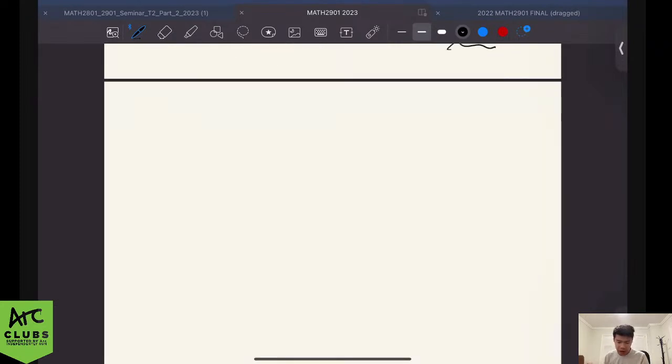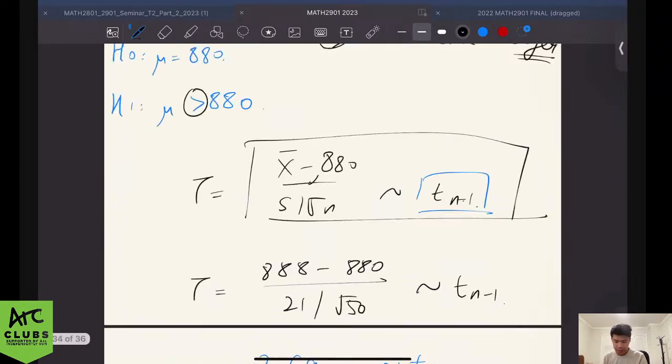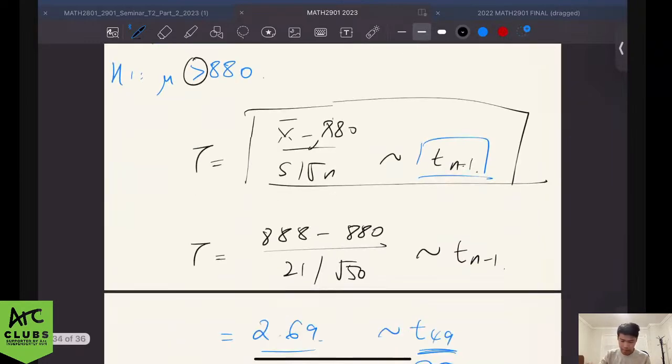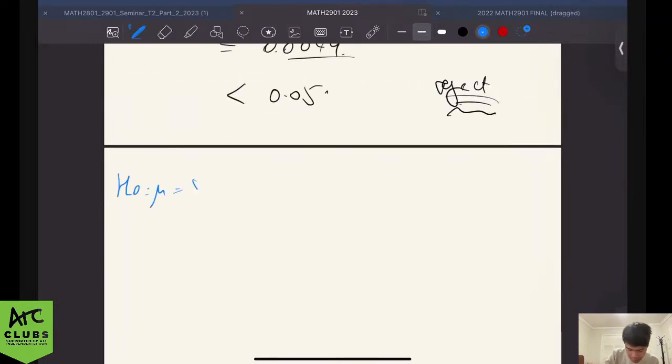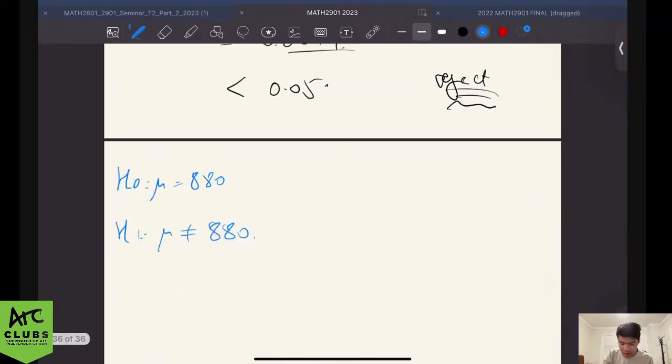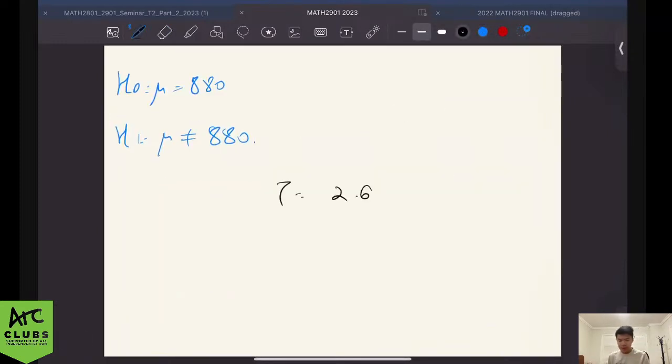If the question had been not equal to, let's think about that. Then you'd still have t equals the same thing, so 2.69. But now extreme can be in either direction. So your p-value will be equal to your probability of getting something more extreme in either direction.